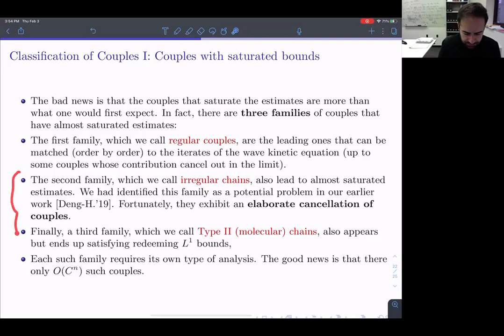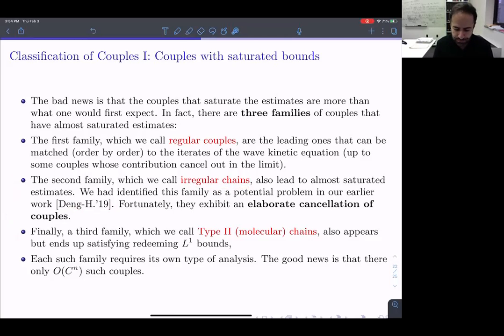But life is not too simple. So it turns out that there are two other families of couples that saturate those bounds. One family is what we call irregular chains. Strictly speaking, we were expecting those because from our previous work, we identified those as an obstruction.